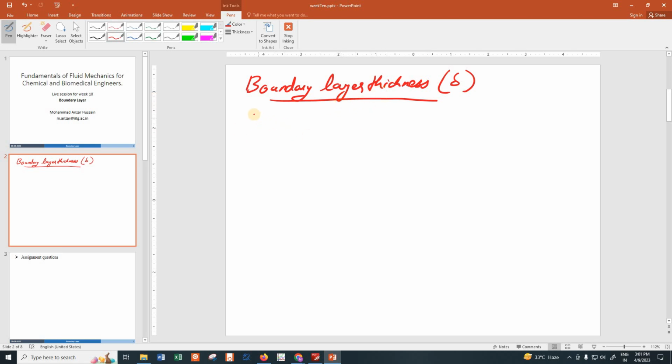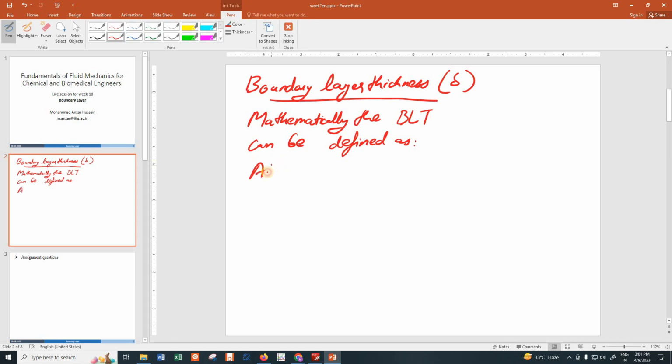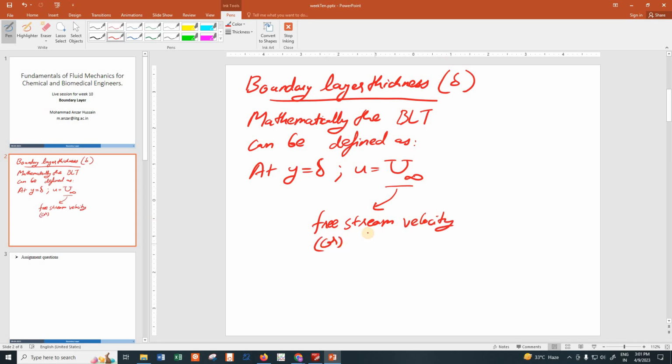Mathematically, the boundary layer thickness can be defined as the point where y is equal to delta, and u is equal to u infinity, the free stream velocity or bulk velocity.